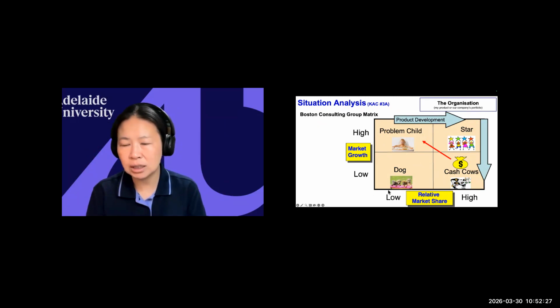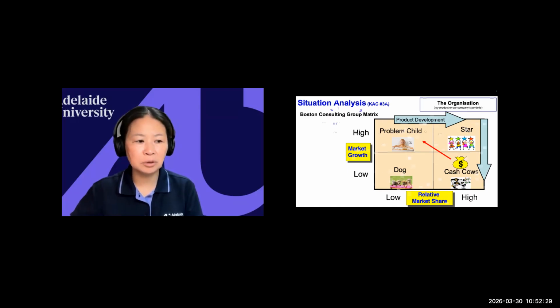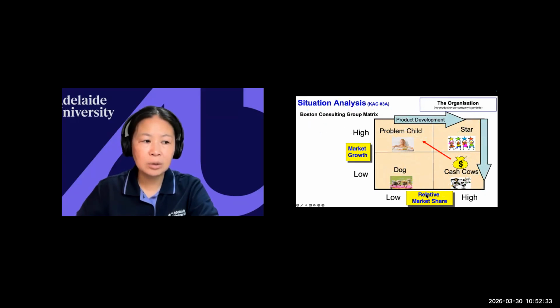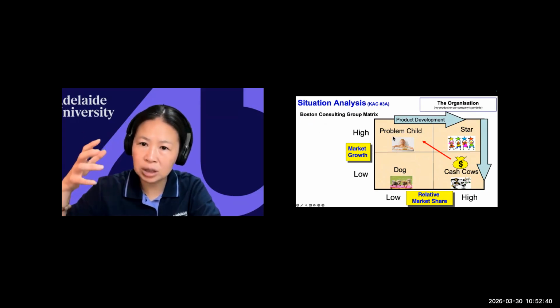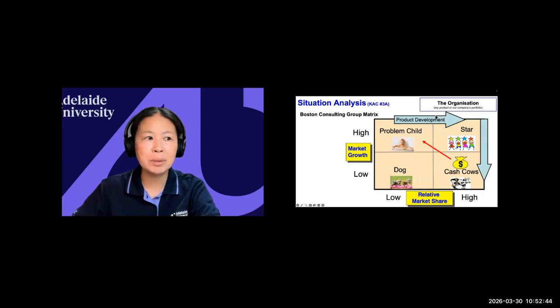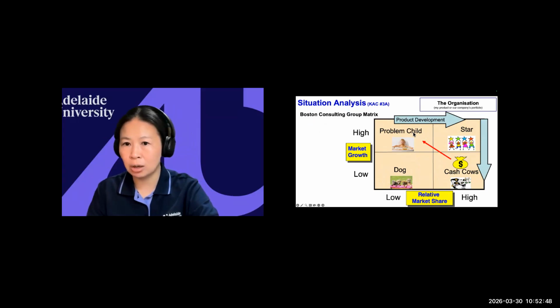So I'm just giving you this as an example. If the vehicle that you're serving has a lower market share, but possibly in future you can see the micro segment with the opportunity to grow, then it might be a new product. And therefore, it's probably sitting up here in the problem child section.